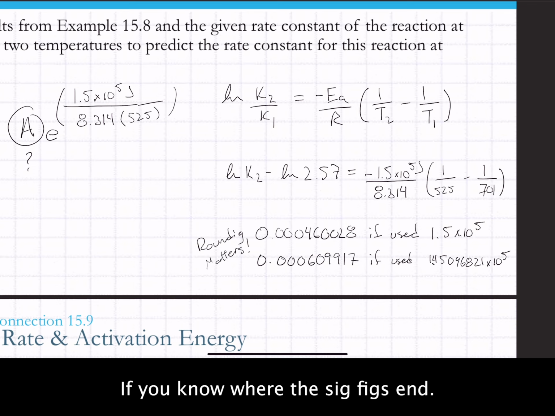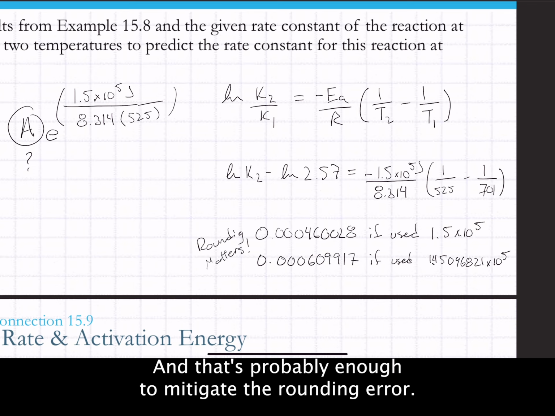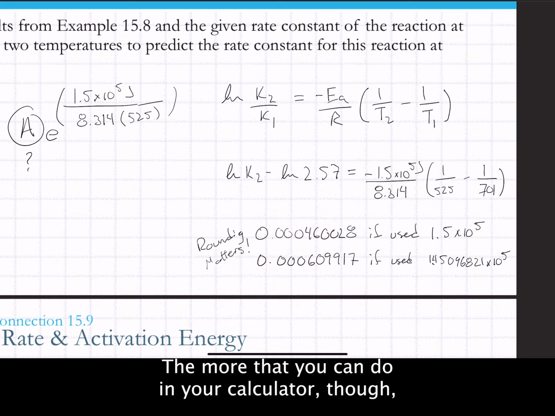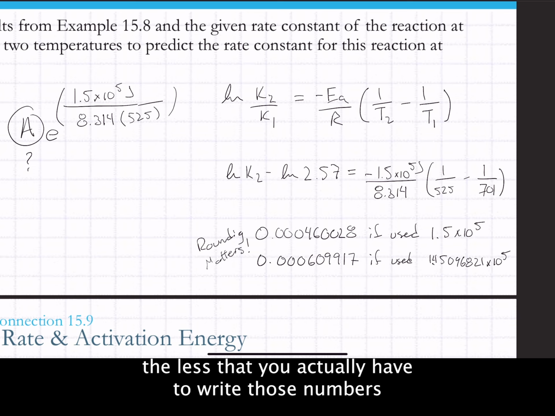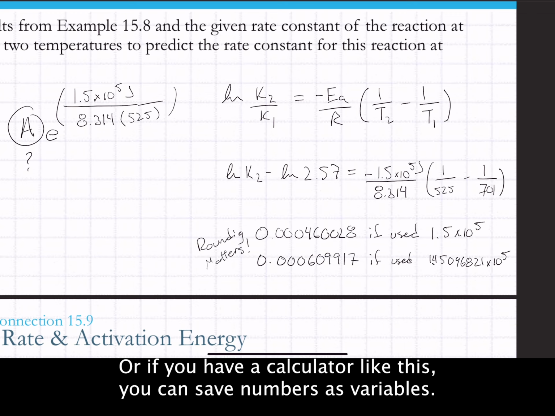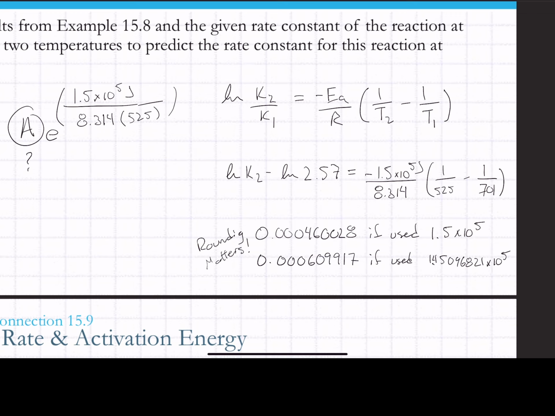If you know where the sig figs end, so there we had 2 sig figs, keep like 3 or 4 digits past that, and that's probably enough to mitigate the rounding error. The more that you can do in your calculator, the less you have to write those numbers and retype them into your calculator. Or if you have a calculator like this, you can save numbers as variables, which is always useful.